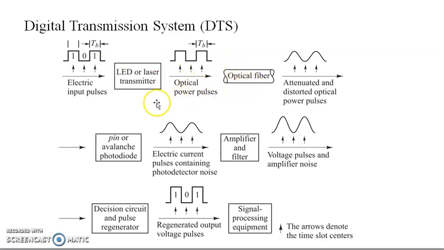So this is your signal data in 0-1 format, and at the output of the source, LED or laser, we get optical power pulses, which are launched inside the optical fiber. But the fiber itself has some attenuation and dispersion, so your signal gets attenuated and the optical power pulses are distorted.